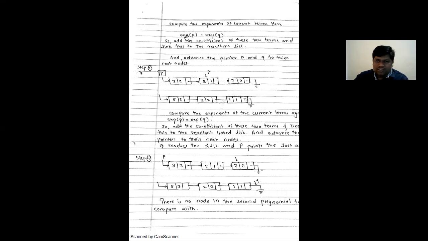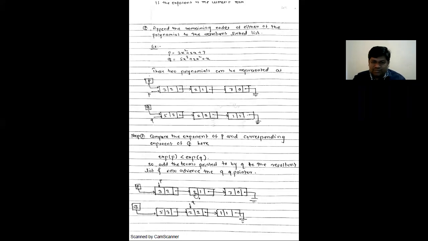If they are matching, add the coefficients of these two terms and store the result in the resultant list. What is the addition? 3 plus 2, 5. So 5, 2. You can store it in the resultant list.